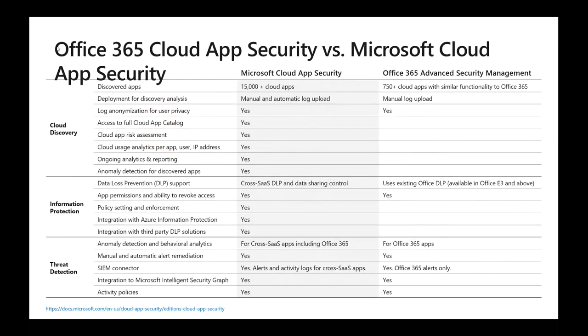MCAS is going to cover more than 15,000 applications and give you the complete flexibility to define and implement policy-based control on your entire environment. Whereas the Office 365 one merely has accessibility to 750 plus applications, and you can just view what it shows you and not customize anything with regards to policies. So no customization in Office 365. It's only available in MCAS.